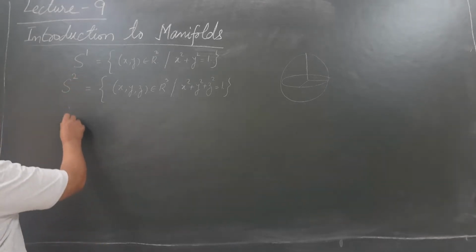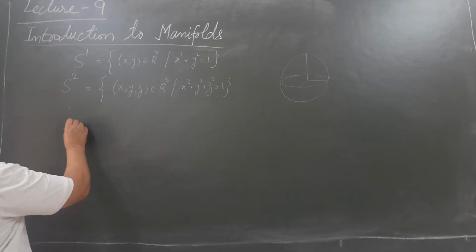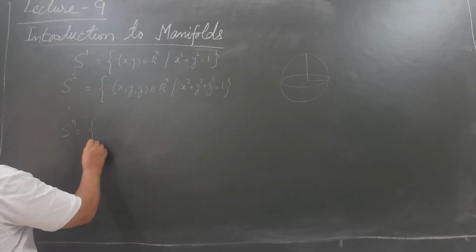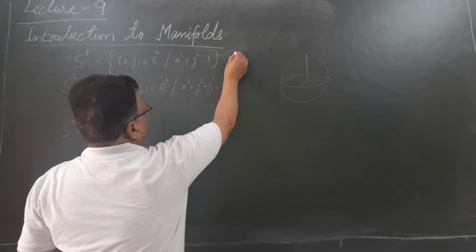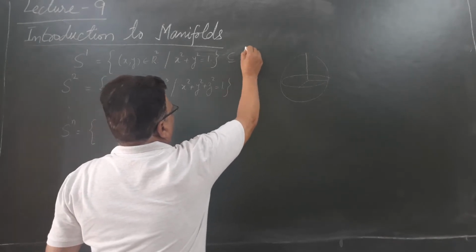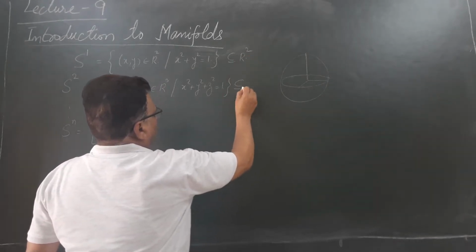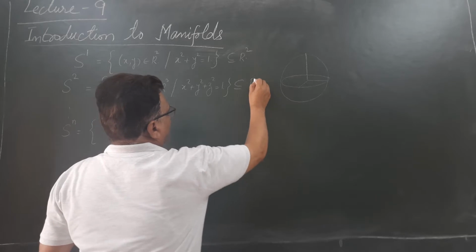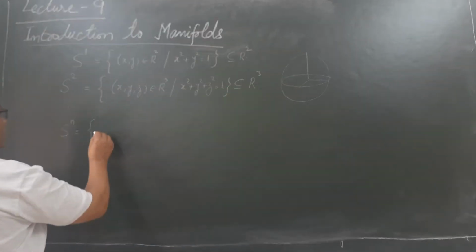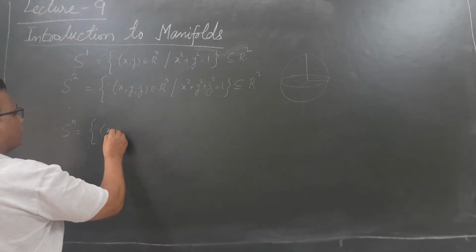In general, if you write down Sn, every time you see this is a subset of R2, S3 is a subset of R3. In general, Sn will be a subset of Rn plus 1.